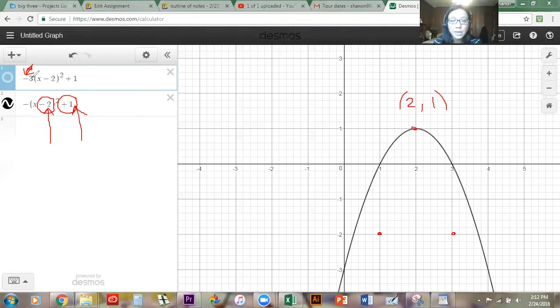This 3 is only affecting our y's, how fast or slowly it increases or decreases. So let's draw on that graph now. And we see it does in fact have the same vertex. It just goes down faster, a factor of 3 times faster.